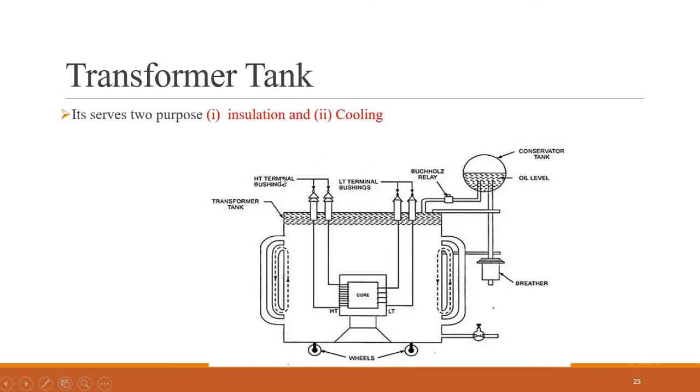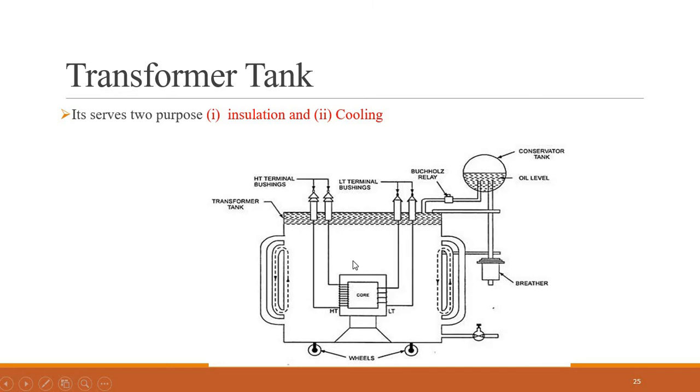Then next is the transformer tank. The transformer tank serves two purposes, insulation and cooling. The transformer tank provides isolation of the internal part from the outer atmosphere. So it provides a protective covering or insulation over here.